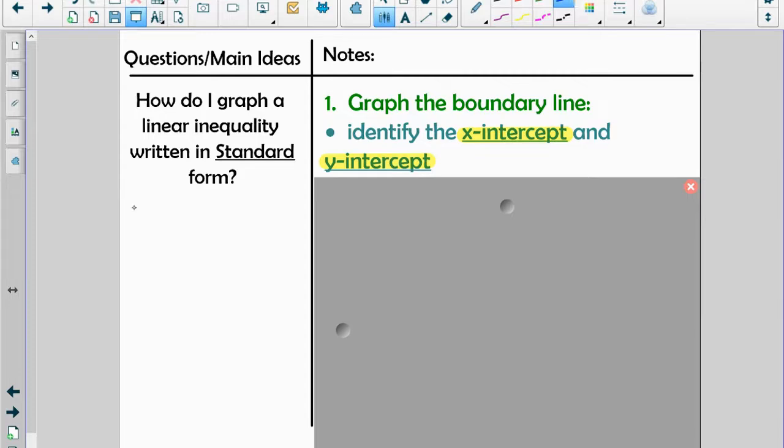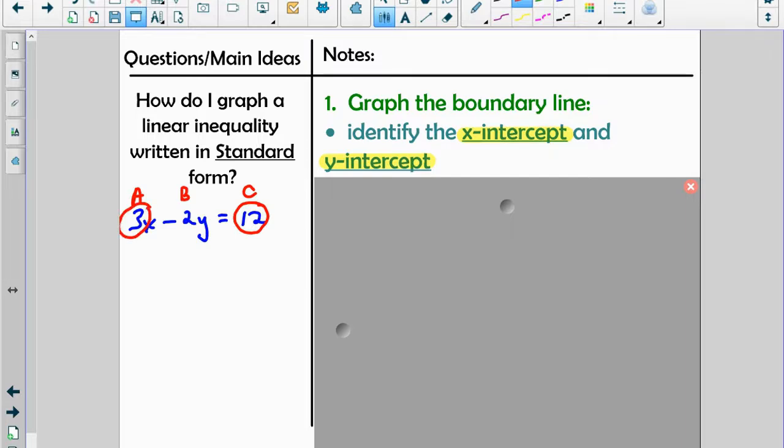As a quick review of how to do that, let's say we had the equation 3x minus 2y equals 12, and I wanted to graph the line that showed all the solutions to the equation. I'm going to mark here A, B, and C. I could take those three numbers, and if I want to find the x-intercept, I take C, or 12, and divide it by the coefficient of x.